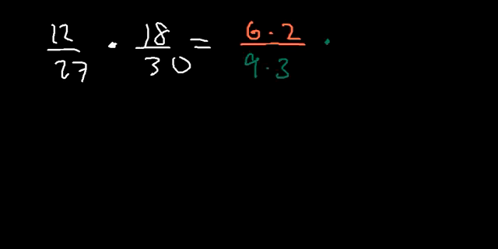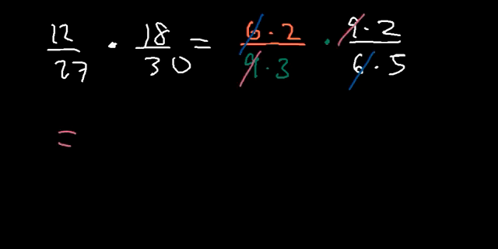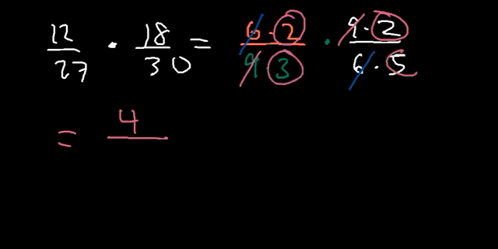And 18, you can write that as 9 times 2. And 30 is 6 times 5. Notice that we can cancel a 6 and we can cancel a 9, which makes our lives a lot easier because you don't have to simplify at the end. So now we can multiply the 2's. 2 times 2 is 4, and 3 times 5 is 15. And that is the answer.